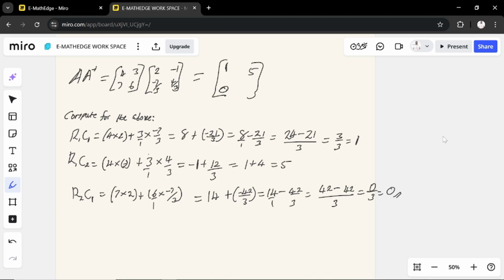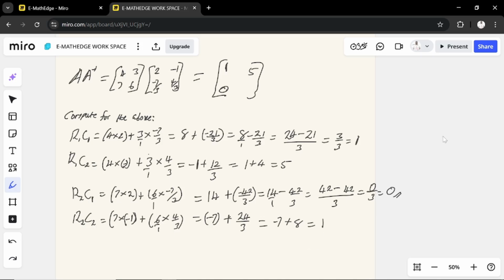Now to obtain the element in the second row, second column, which is R2C2, is going to be 7 multiplying negative 1 plus 6 multiplying 4 all over 3, such that 7 multiplied by negative 1 is going to give us negative 7, plus, let's go ahead and deal with this fraction, 6 multiplied by 4, which is going to be 24, all over 1 multiplied by 3, which is going to be 3, equal to -7 plus, now 24 divided by 3, 8, and -7 plus 8 is going to be 1.